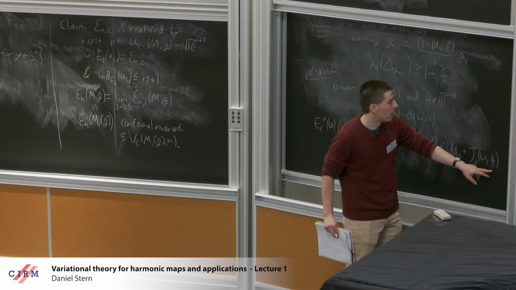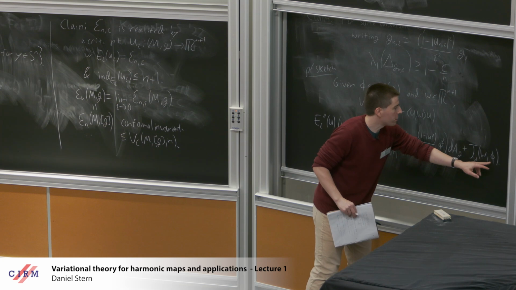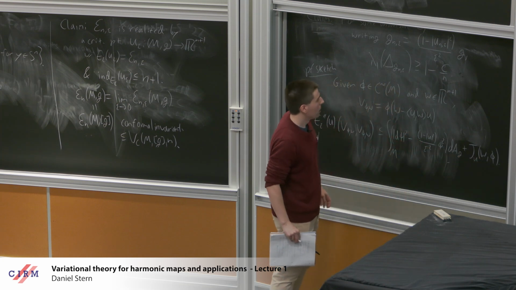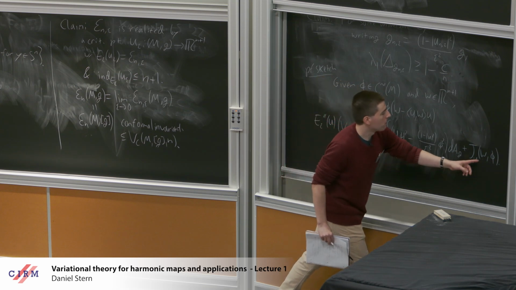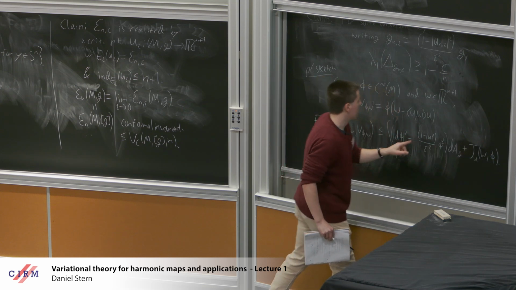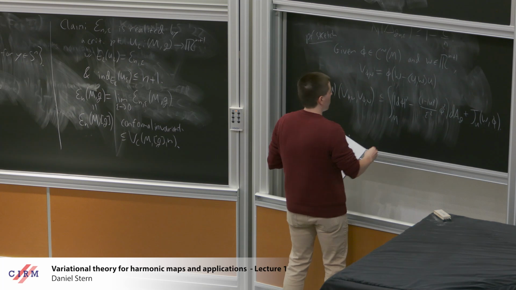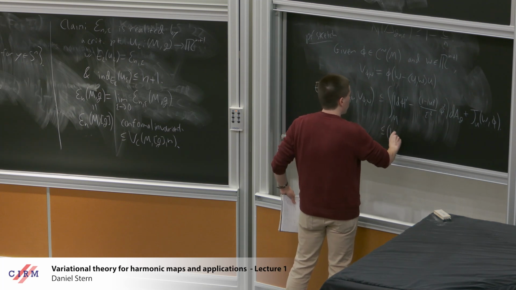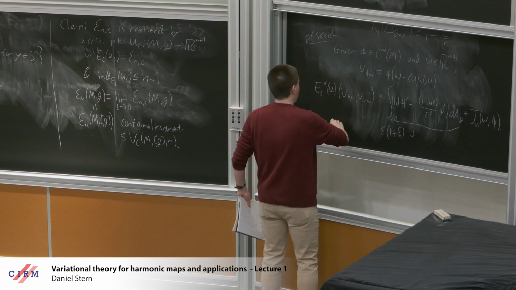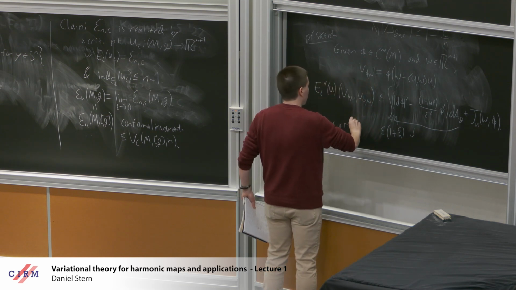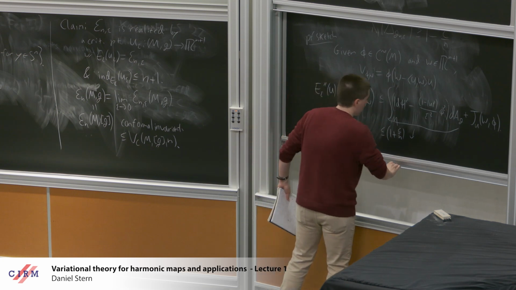for a fixed phi and for most w, by taking a trace, this is bounded in terms of this one. And so for most w, this is going to be like 1 over n times this term. So you get this is going to be like 1 plus c over n times this term for most w.